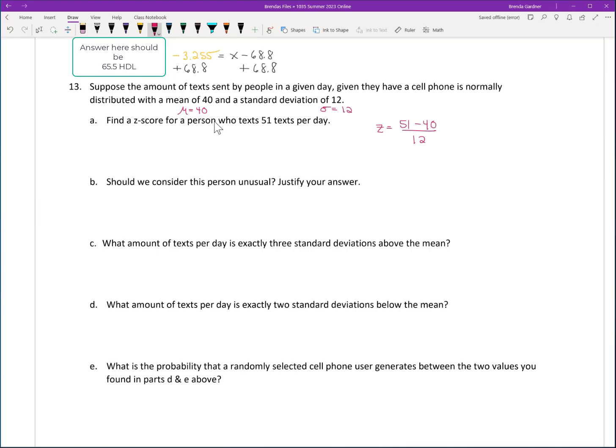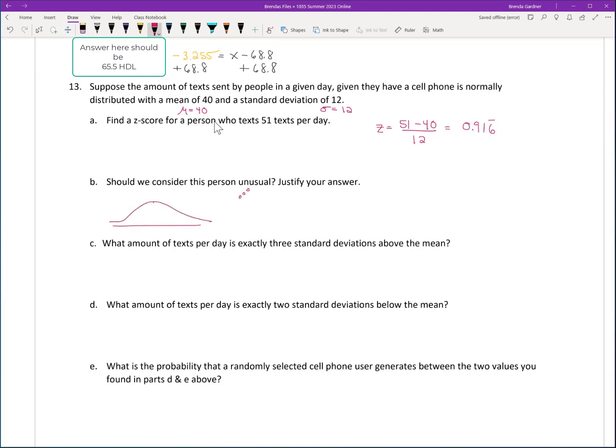Part B, should we consider this unusual? So I'm going to punch my number in here to see what my z-score is. My z-score is 0.916 repeating. Should we consider it unusual? We have to think about what unusual means.